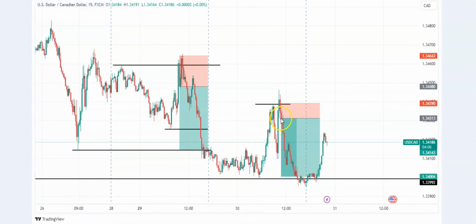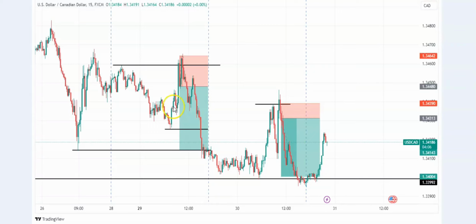This is USD CAD. This was in the New York session. We have 1, 2, 3. So the defining factor is number 2. Number 2 has to be either 2 candles, 3 candles, or 4 candles, or whatever, as long as it's not less than 2.